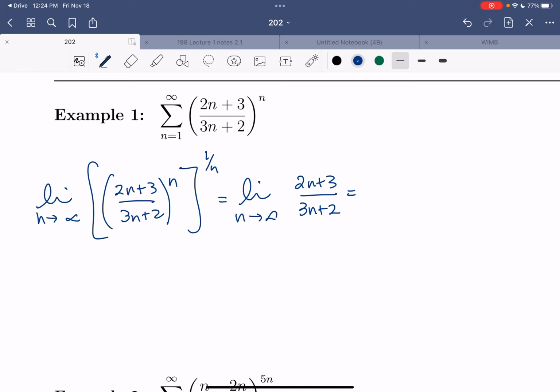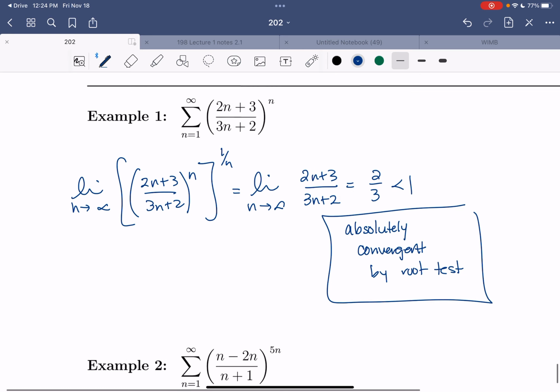And again, we have something that is polynomial over polynomial of the same degree. So we get the ratio of the leading coefficients. So this is 2/3. If you need to use L'Hopital's rule to get it, that's totally fine with me. And this is less than 1. And so this is absolutely convergent by the root test.